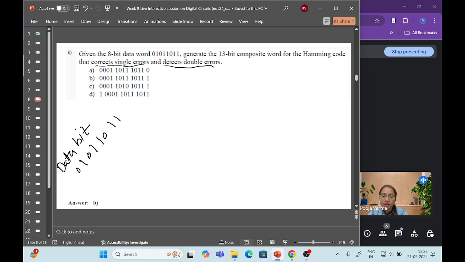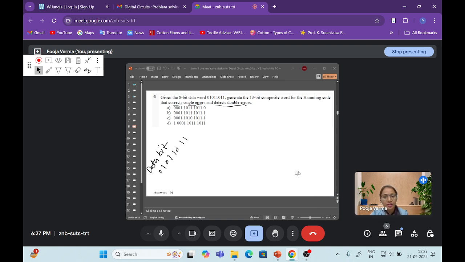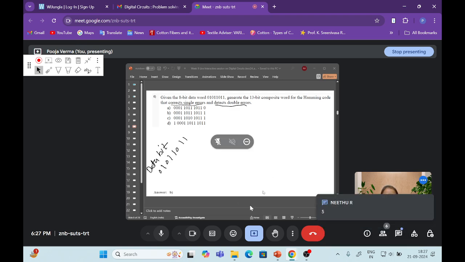8-bit data is given. So how many parity bits we can add in that data? Any one of you can answer this question? Yeah, but in that case it is only 12. So if we add only 4 parity bits, in that case it only corrects single error and detects only single error.